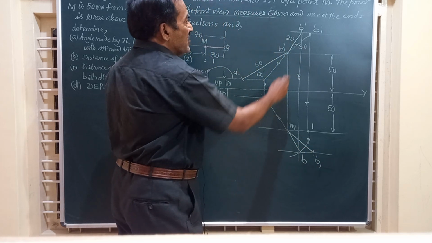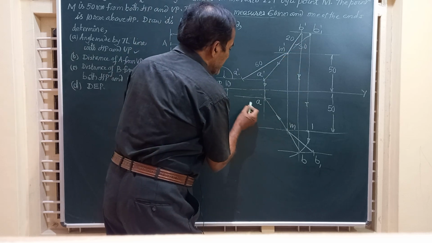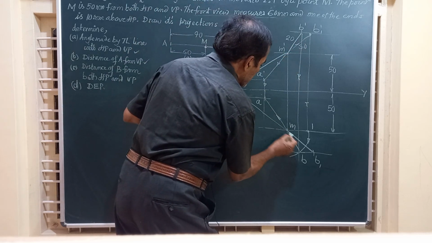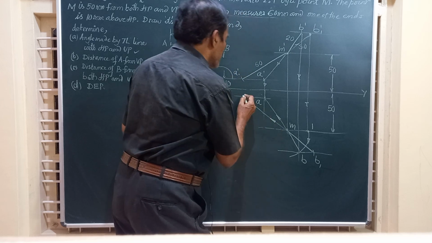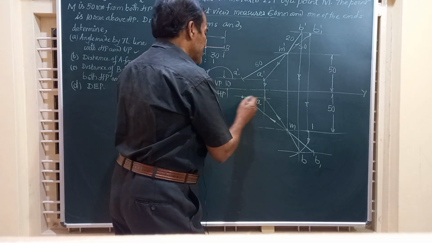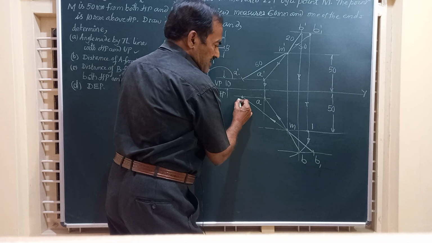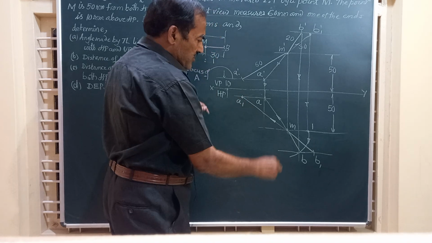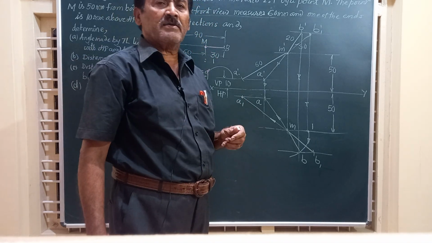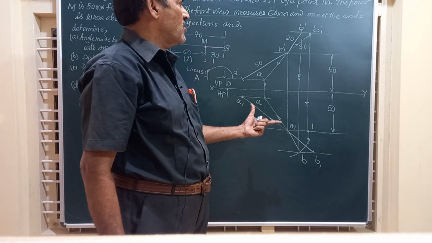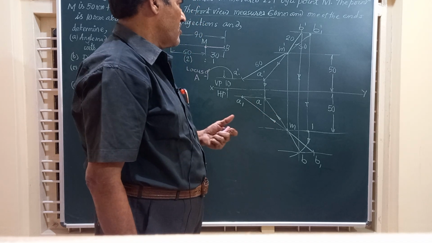MB1 is the true length of this part. Extend it further in the backward direction to meet the locus of this point A at point A1. So A1 B1 finally represents the true length of the line in the top view.